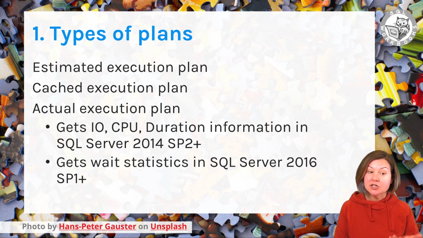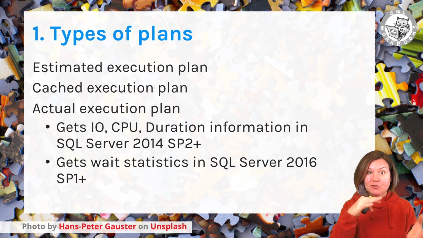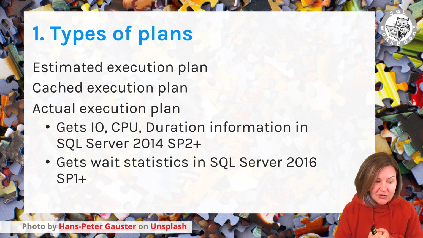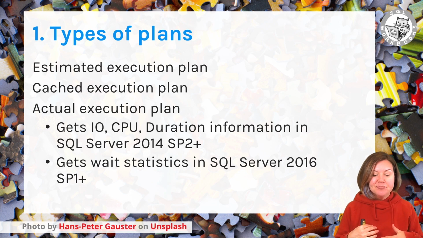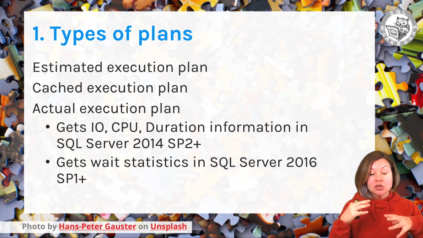But actual execution plans can have a wealth of information, especially on SQL Server 2014 Service Pack 2 and higher, where we can get not only how many rows flowed through different parts of the plan, but also information on how much CPU we were using at this point in the plan.